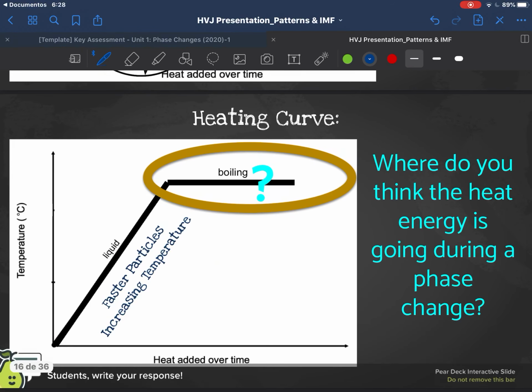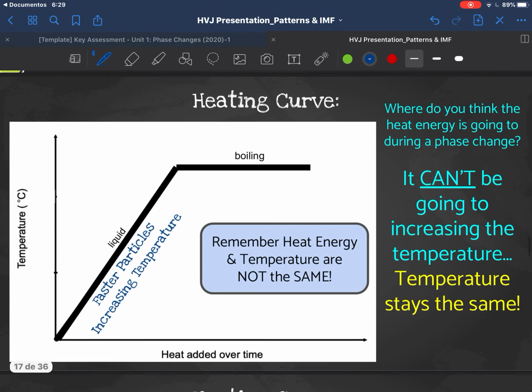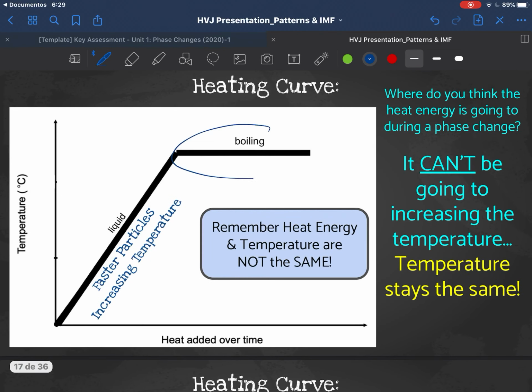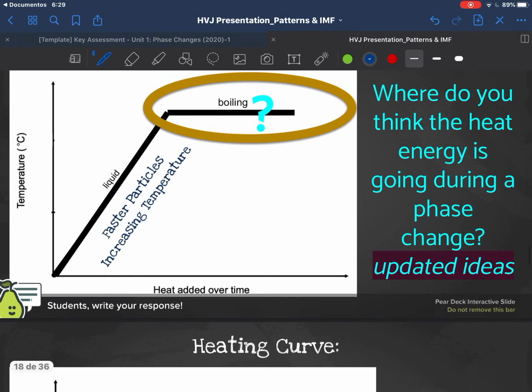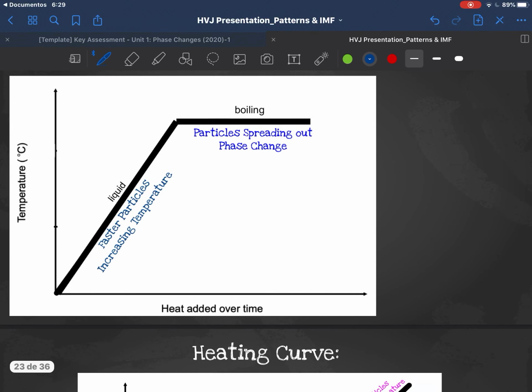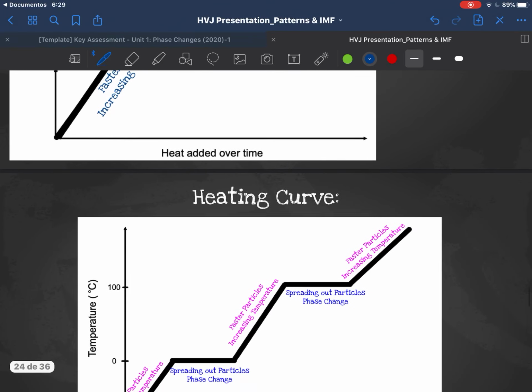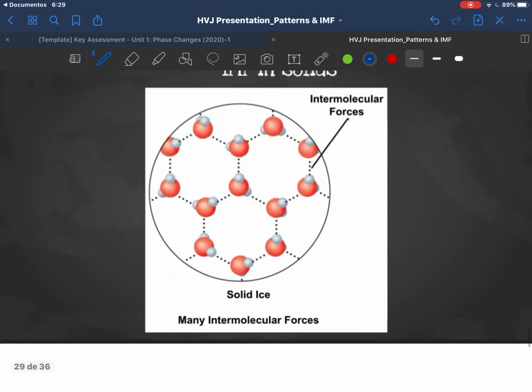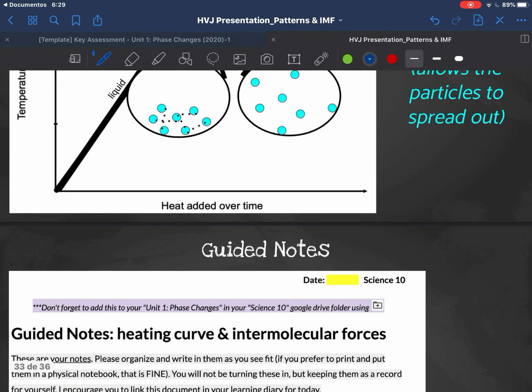All right, what about the phase change part? Well, it's not increasing temperature. In the phase change, my particles can't be moving any faster because the temperature is not going up. Temperature is a measure of how fast particles are moving, and so the particles can't move any faster if the temperature is staying the same. So what's going on in the phase change? Well, in the phase change, the particles are spreading out. And more specifically, you'll remember we talked about intermolecular forces.